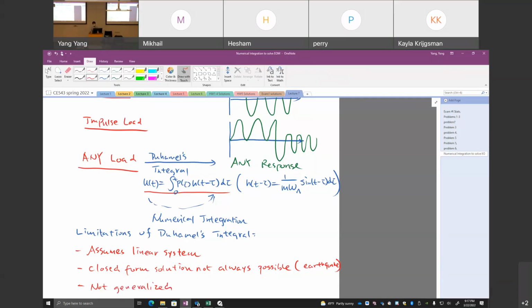That is very time consuming. So those are the limitations of the Duhamel method.